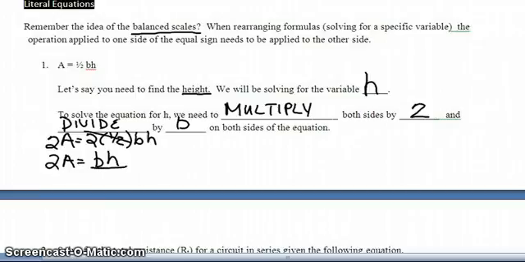So I'm going to divide both sides by b. And I'm just going to go over this way because I'm kind of out of room on my paper. The left side remains 2a over b. My b's cancel, and that equals h. So 2a over b equals h.